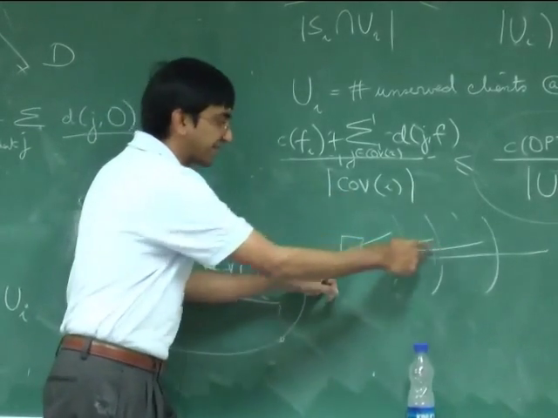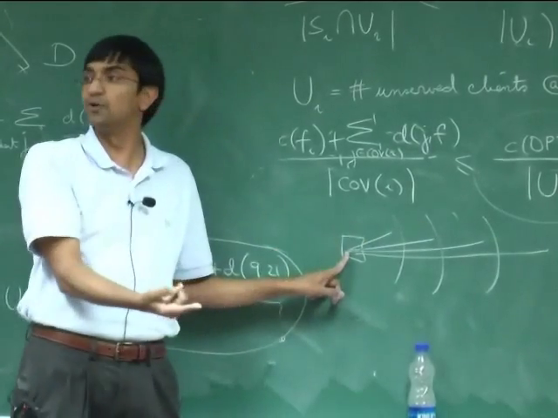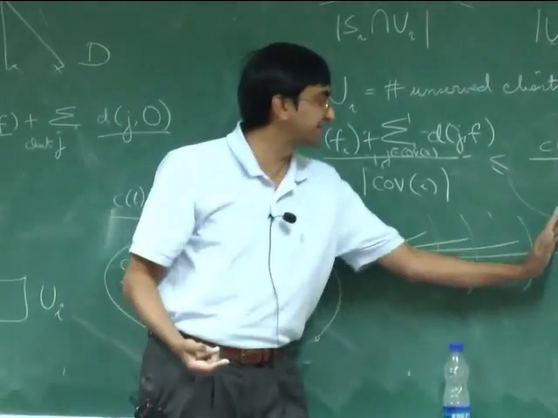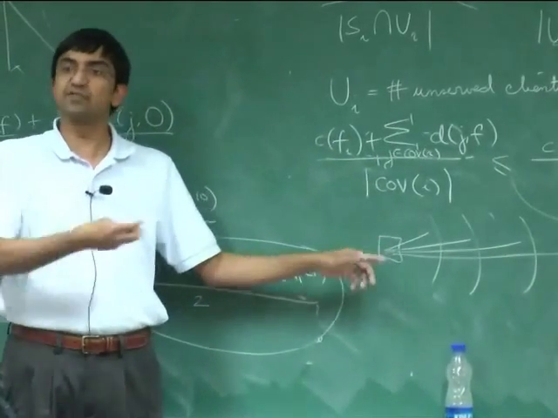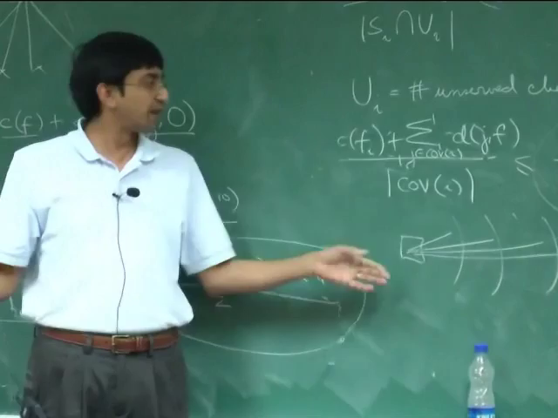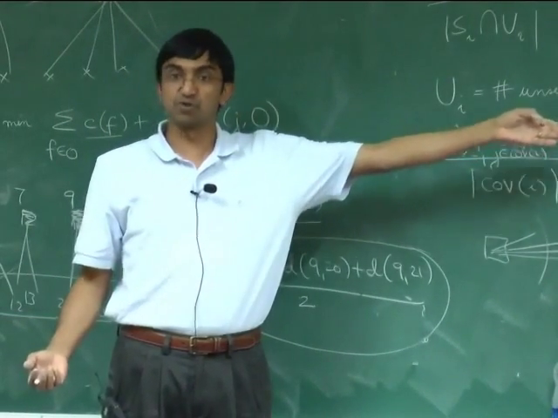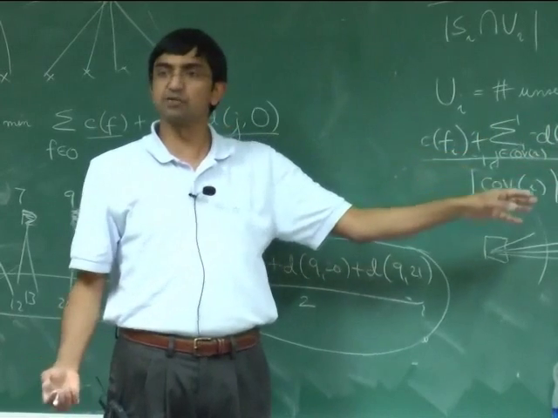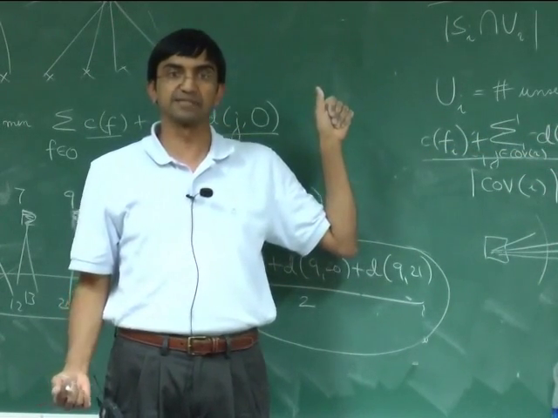If you take this prefix, you pay the cost of the facility plus this distance, divided by 2. Clearly, one of those prefixes is going to give you the minimum ratio for this facility. Try it with all the other facilities. Pick the one which minimizes the ratio. And I've just given you a proof that it's at most opt's ratio. Plug and chug, you get a log of the number of clients approximation.